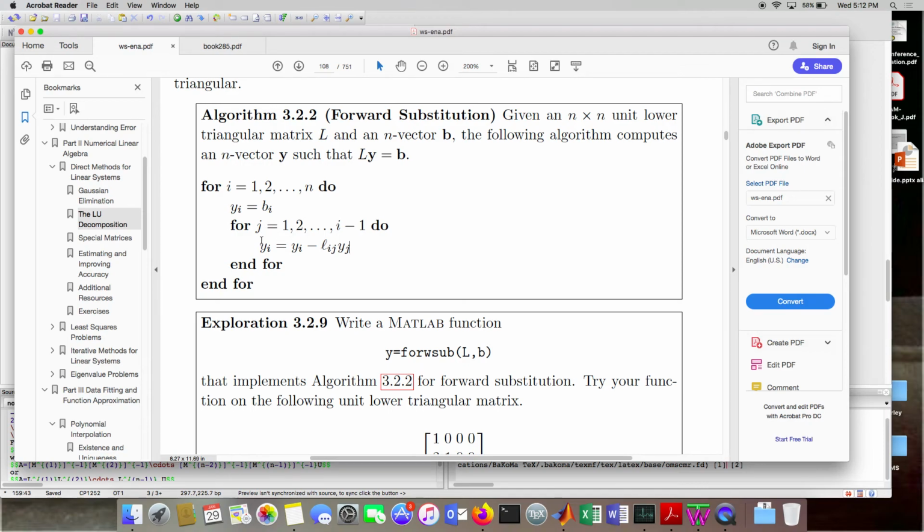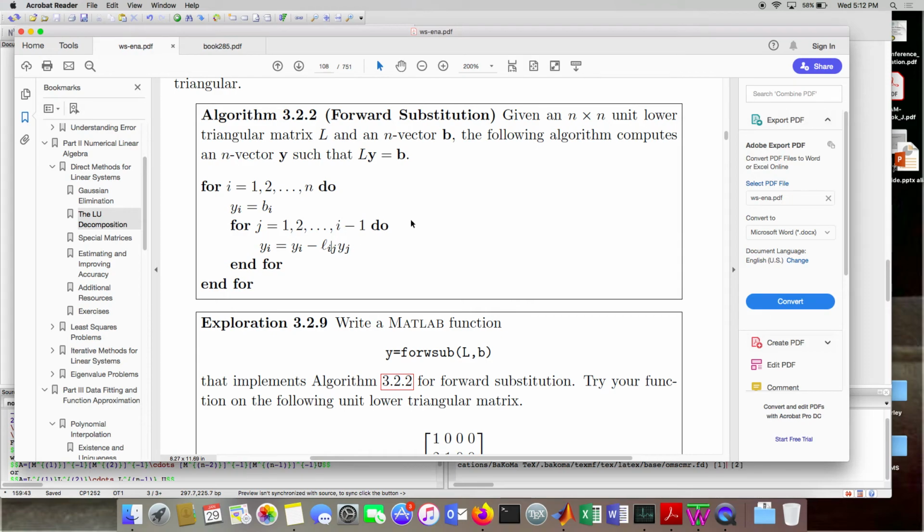Because actually y_i equals b_i, and L_ij, the ij entry, I already told you, that's the multiplier, m_ij. So you compare this to that same step of Gaussian elimination, and you'll see it's exactly the same thing.